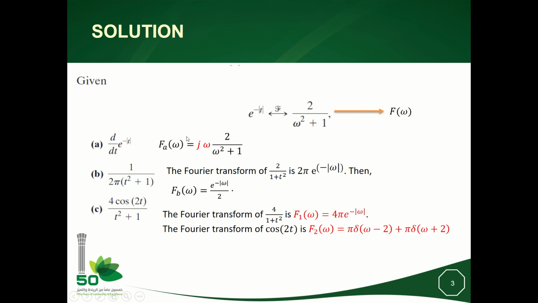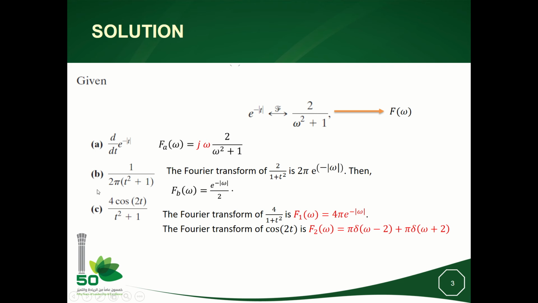For the third question, we see this function in time as a product of two functions. It is 1 over 1 plus t squared multiplied by 4 times the cos function, which is cos of 2t. So here I will apply the modulation or the multiplication property of the Fourier transform.